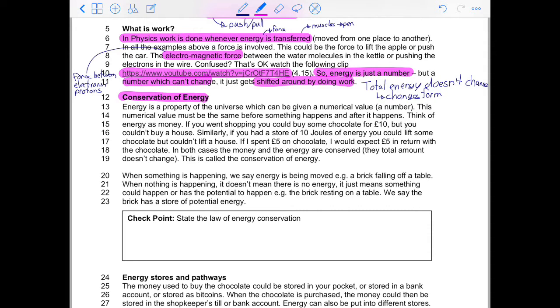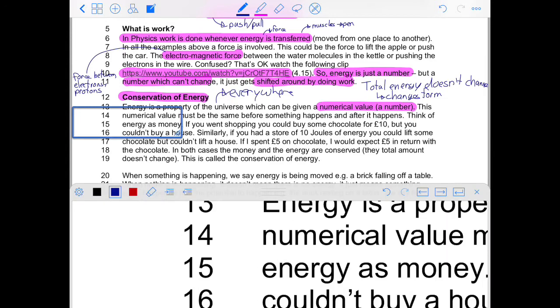Energy is a property of the universe, which can be given a numerical value. So, energy is everywhere in the universe. Some places have more, some places have less, but it is throughout the universe, and we see that energy behaves the same way no matter where in the universe it is. And it's given a numerical value, a number. All right? This numerical value never goes up or goes down.